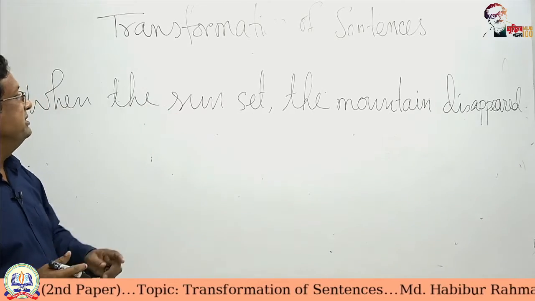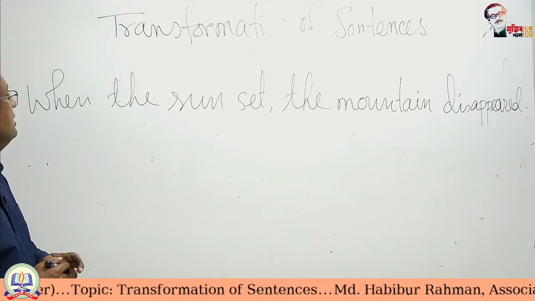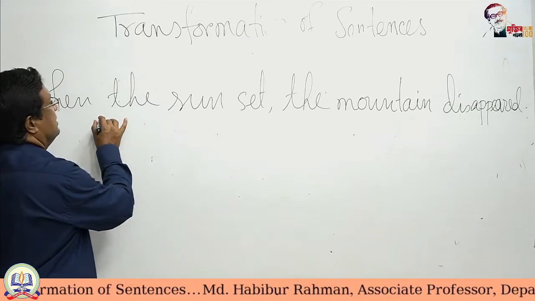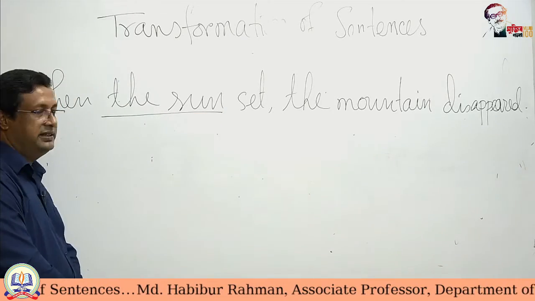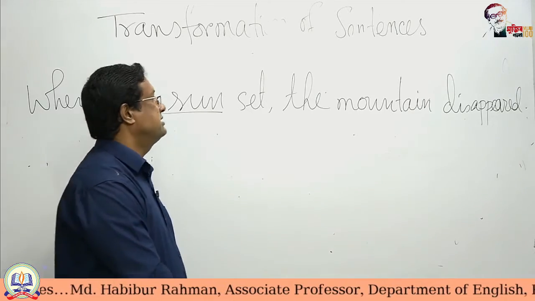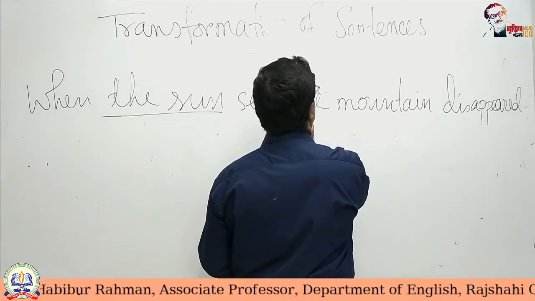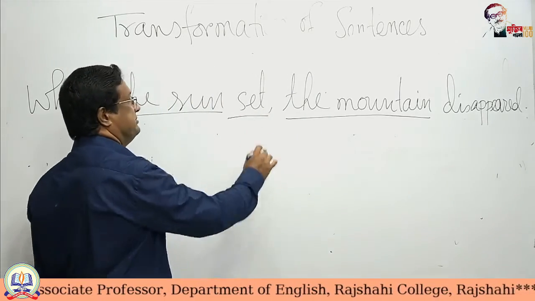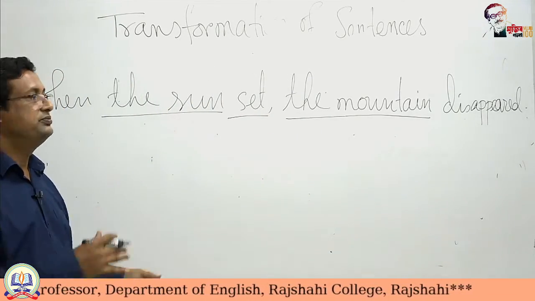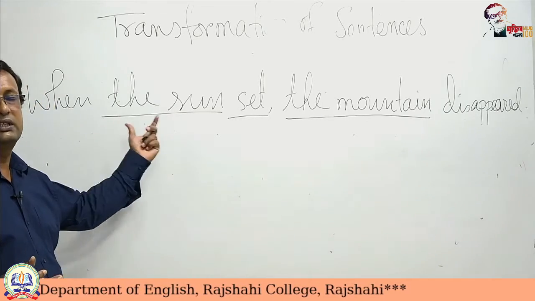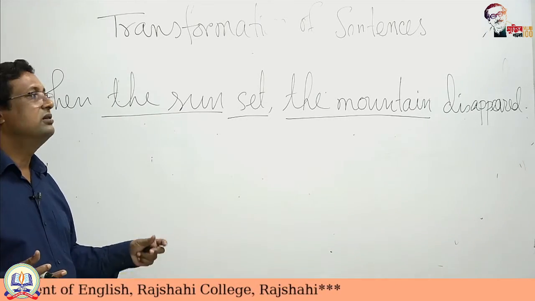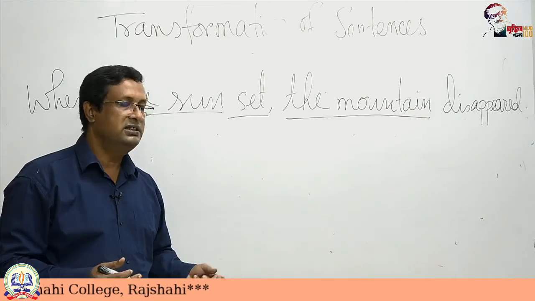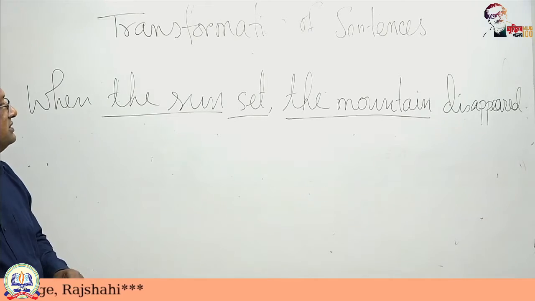It will have the same meaning. There are also two different subjects. The first subject is the sun and the next subject is the mountain. The first finite verb is set, that is, to go down. The sun went down. Sunset means the sun went down. And the mountain disappeared. That is, the mountain could not be seen.